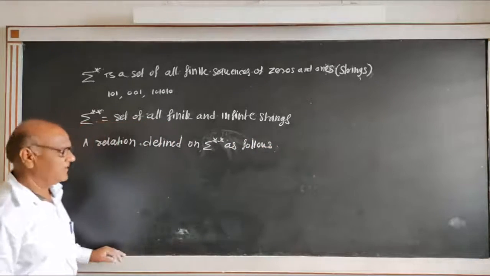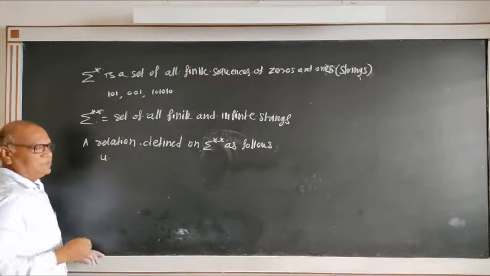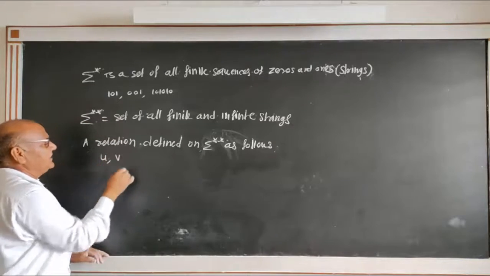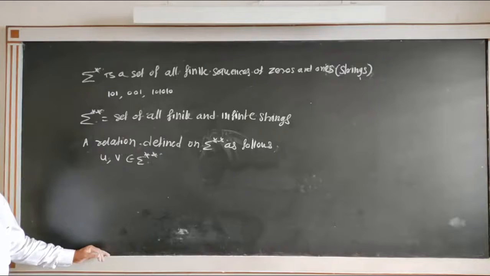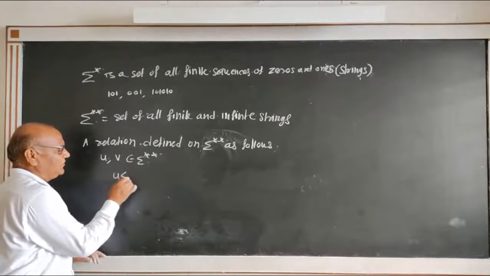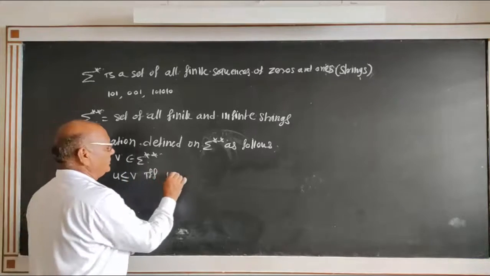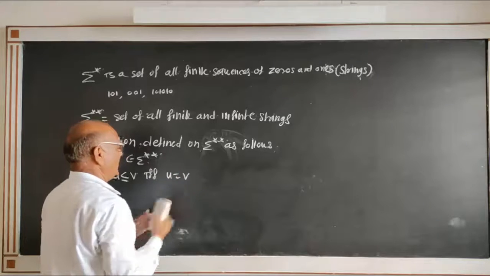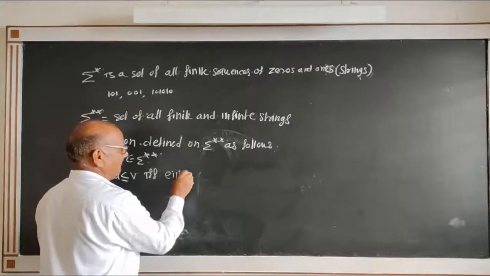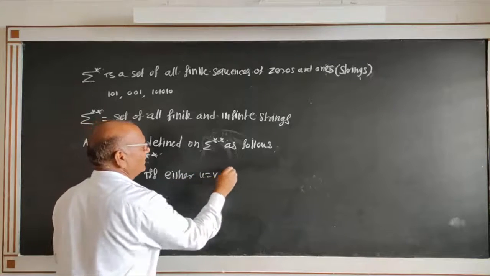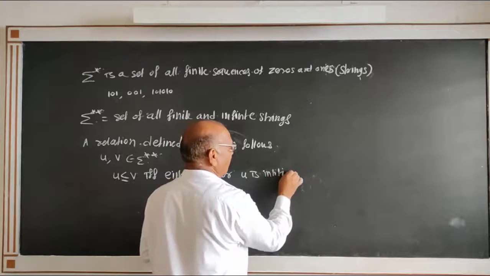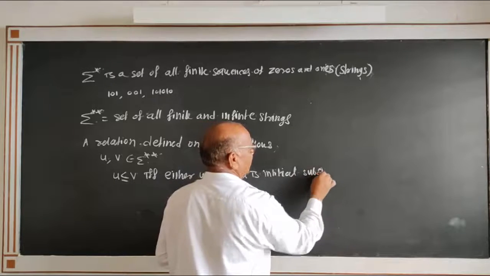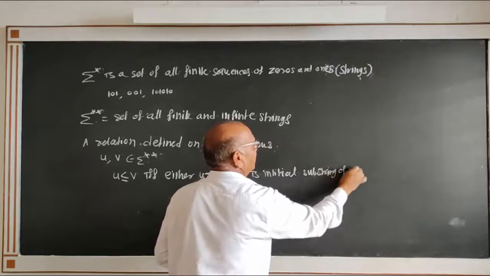That means U is a string, V is also a string. U is related to V if either U is equal to V or U is an initial substring of V.